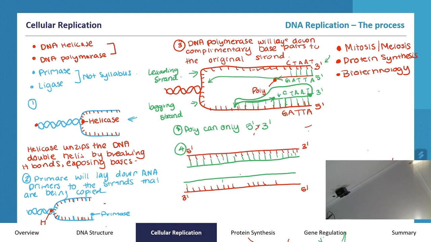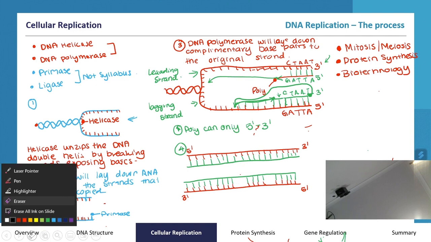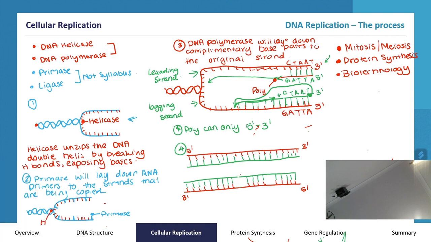The only problem is this strand on the bottom here will not be completely connected together. It'll be sort of in chunks. So as you can see here, there'll be some spaces between them. This chunk will be separate depending on where DNA polymerase had to stop and start.